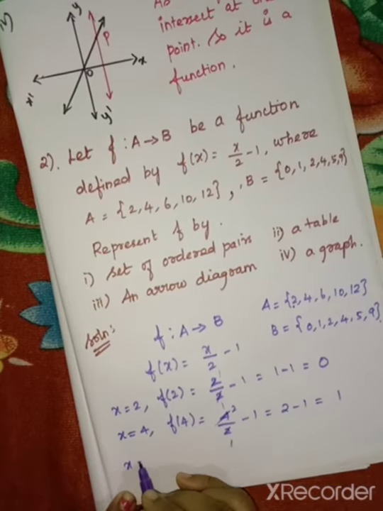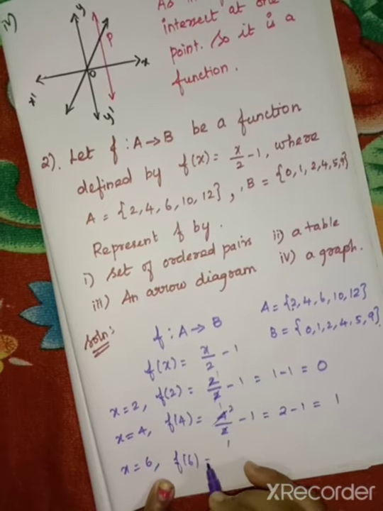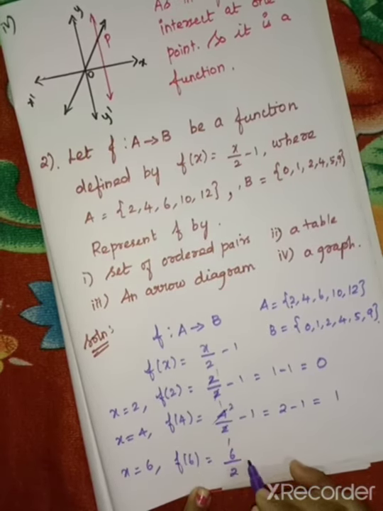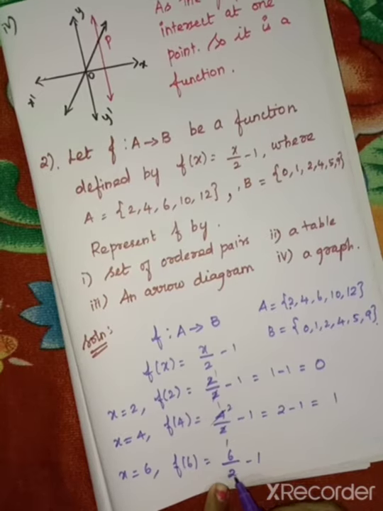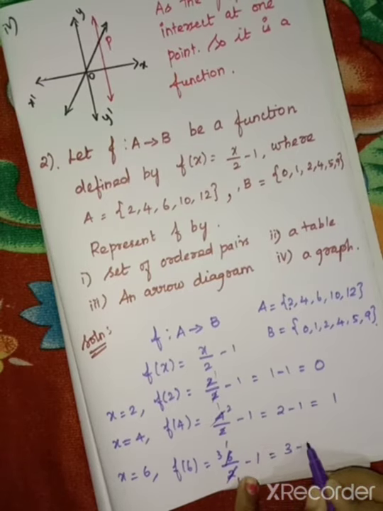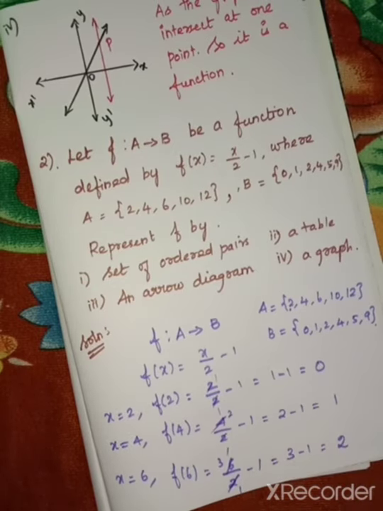Then x equals 6. f of 6 equals 6 by 2 minus 1. 6 by 2 is 3, and 3 minus 1 equals 2. That is also in the B set.